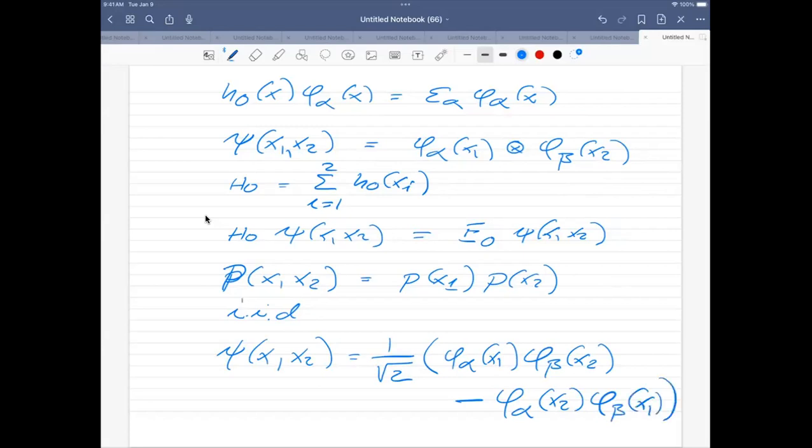This is an example which you have seen in many textbooks of an entangled state, because this cannot be separated out as a product of two single particle states. Does that help when we talk about pure states or product states?